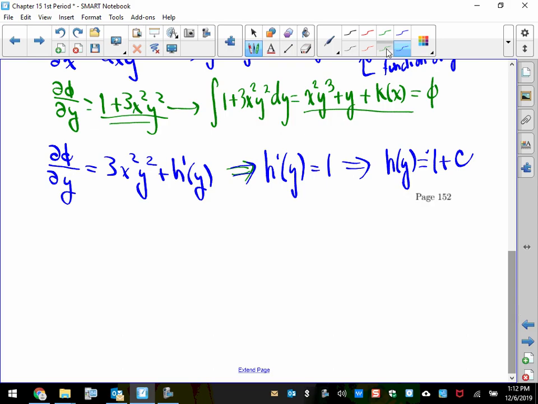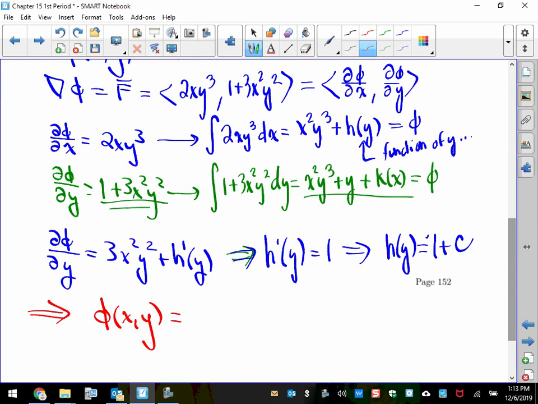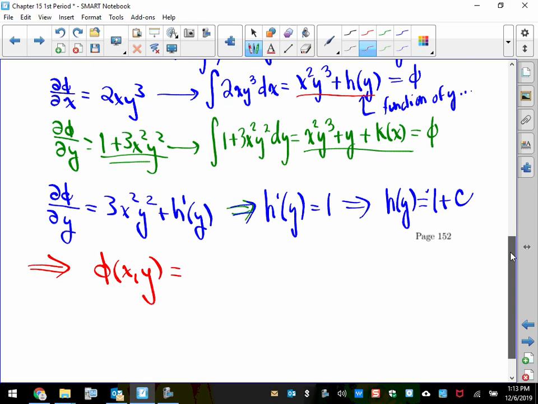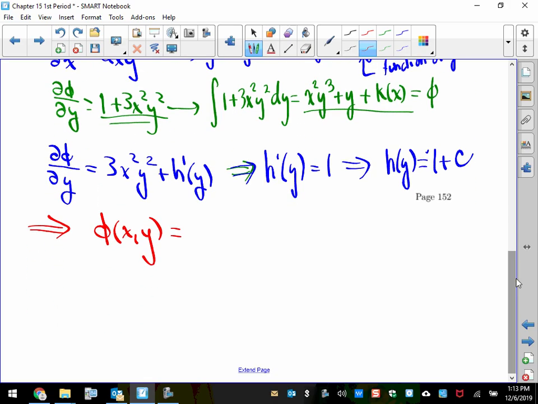So now we can finally put together phi. What is phi? Phi of xy is equal to, let's go back up in blue here. Right here it is. X squared y cubed plus h of y, we just found out is, oops, I didn't do the antiderivative, that's a y, plus y plus a constant.